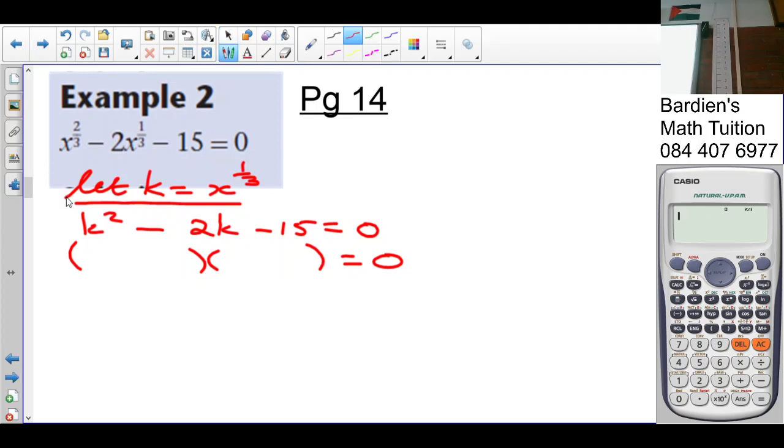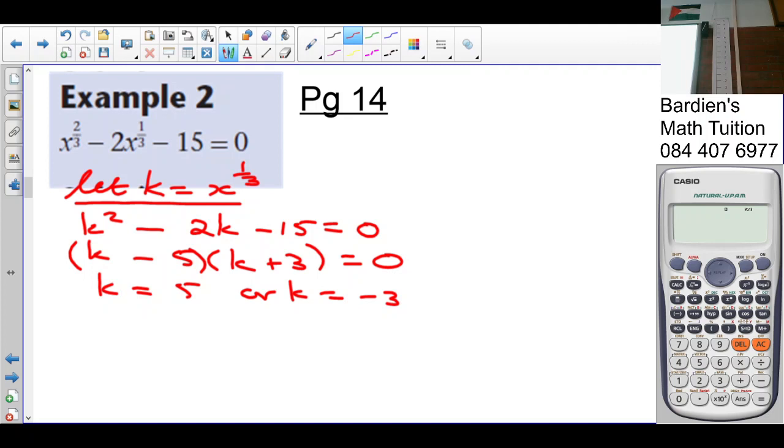So this gives us 5 and 3. What about the sign? Minus 5 plus 3. So in other words, k minus 5 is equal to 0, or k plus 3 is equal to 0. So k is equal to 5, or k is equal to negative 3.